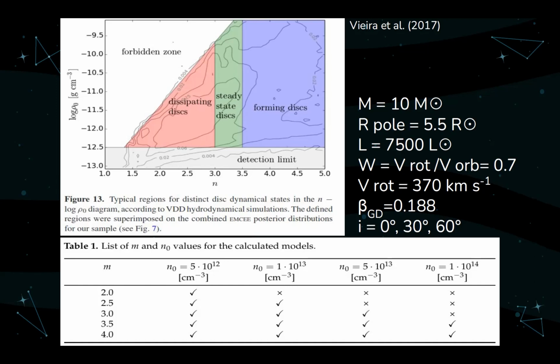So we start with a central density and we change this M value, lower, for example, this can be M4 and M2.